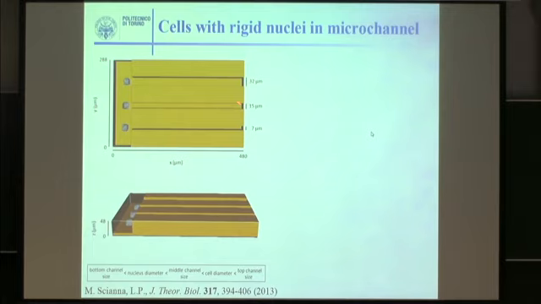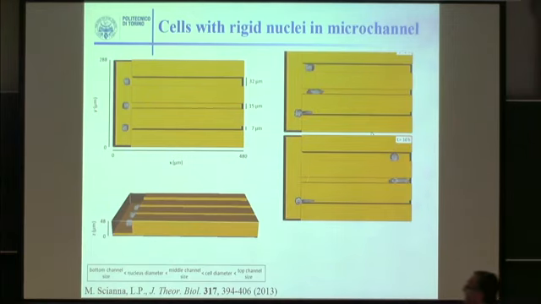One is smaller than the size of the cell, but larger than the size of the nucleus, which is 10 microns. And one is smaller than the size of the nucleus. So cells then tend to pass through the microchannel. There is no chemotaxis here, but there is persistence. And so when they reach the microchannel, they tend to move in this direction.